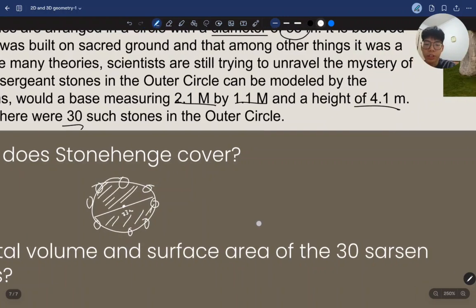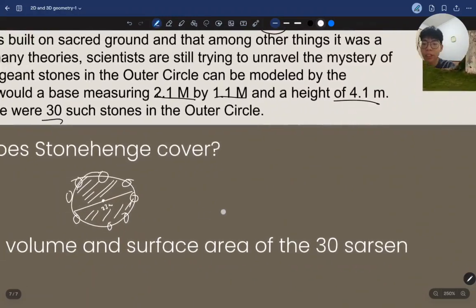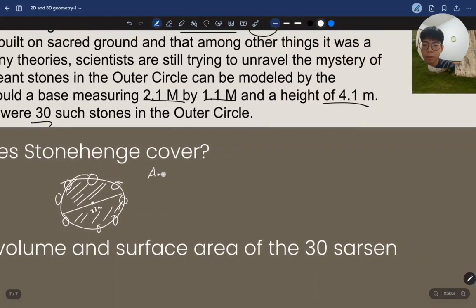The area of the circle, as we have learned in elementary school, is pi times r squared. R is the radius, and 2r equals the diameter. So r equals the diameter divided by 2. Since the diameter is 33, divided by 2 equals 16.5.